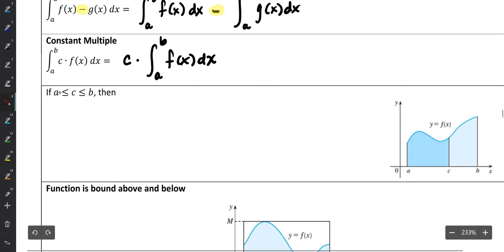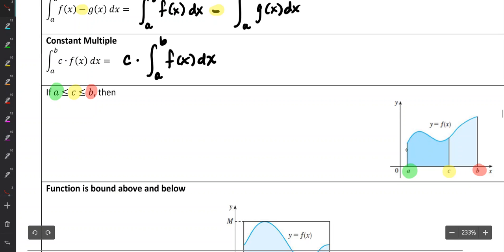A couple more properties here. So here, if a is less than c, that's less than b. So let's see that here. A, c, b. A, c, b. You have a choice.